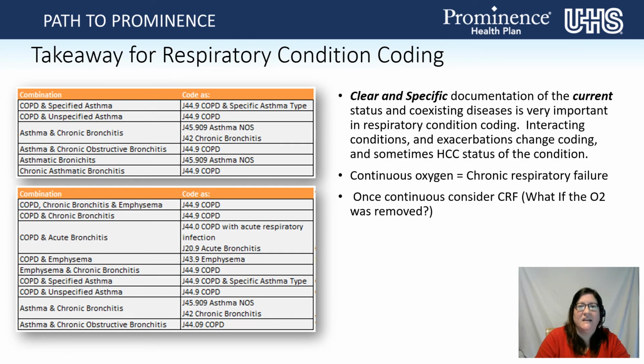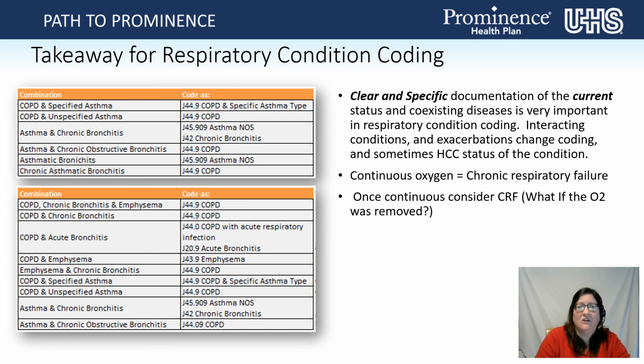The takeaway today for respiratory condition coding and documentation: ensure that your documentation is clear and specific. Be sure to document the current status and coexisting diseases, which is very important in respiratory condition coding. Interacting conditions and exacerbations can change coding and sometimes the HCC status of a condition.